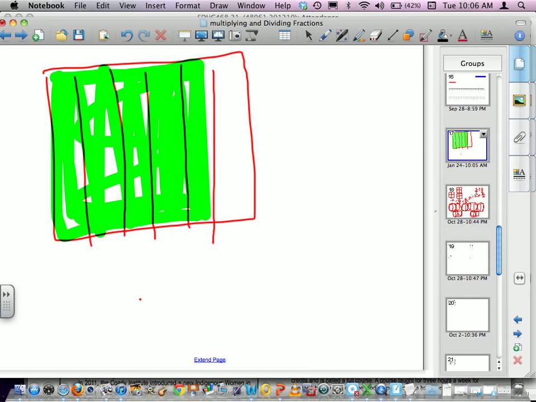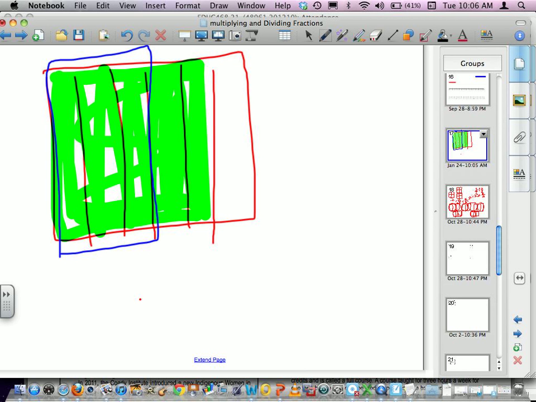So I could kind of, nope, not double shading, because that's multiplication. But I'm clustering into groups of a half. So here's a group of a half, right? So I have one group of a half, and I have part of another group of a half. What part of another group of a half do I have? 2/3.